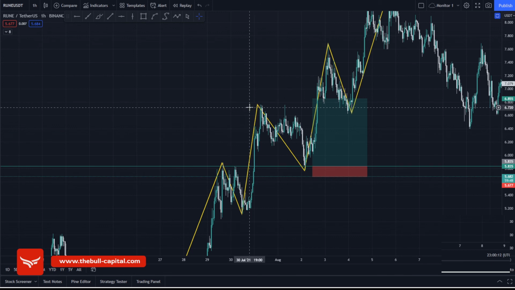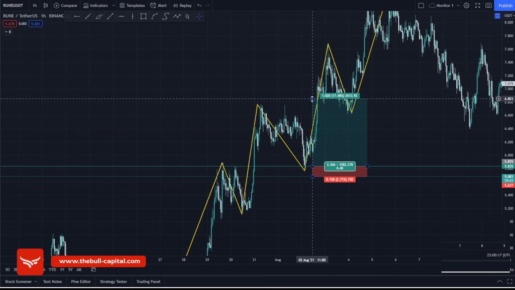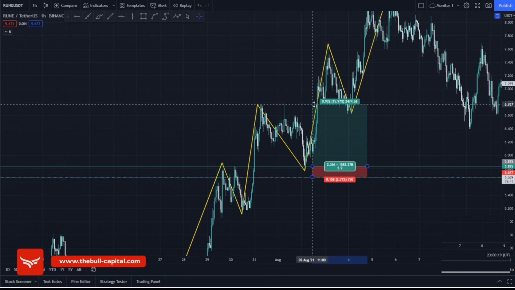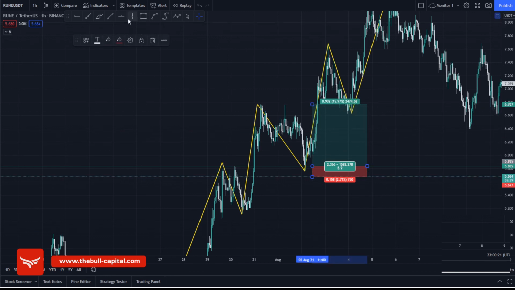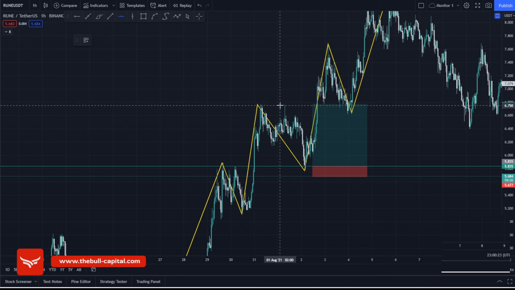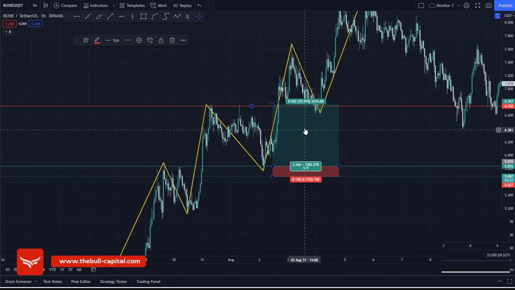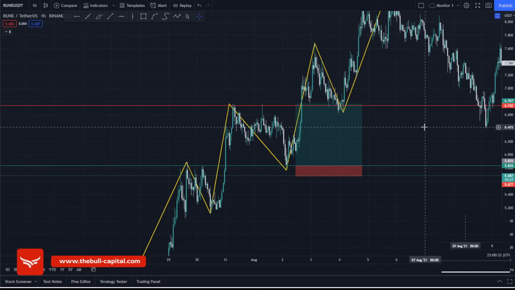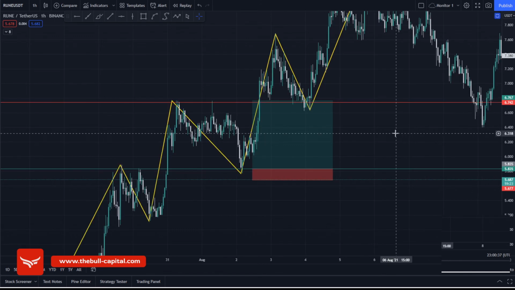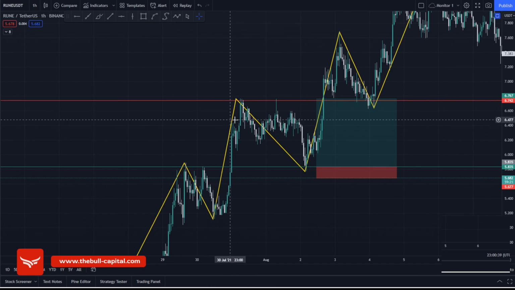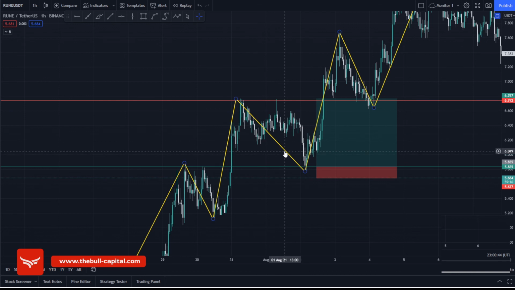Now we know that this is the previous peak. So let's say this is the top of the range, the resistance. I'm going to mark it with red. This is our final take profit. But let's see where we should take profit before. Because we went on a lower time frame, we have a few more swings here.